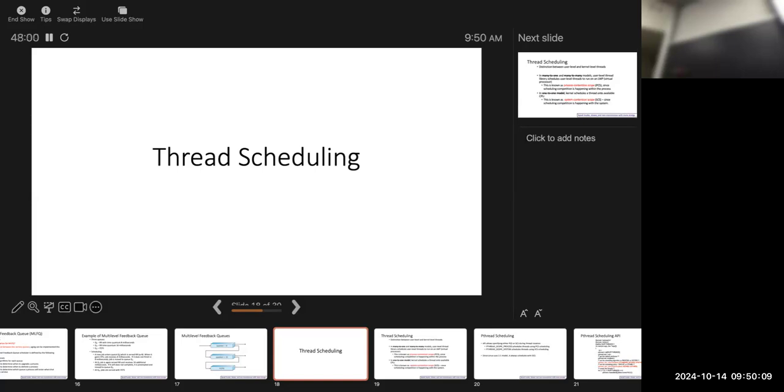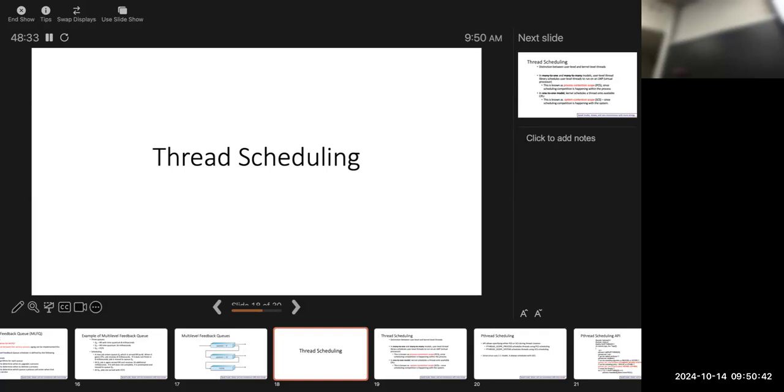If thread 1 wants to get the chance to run on the core, since the scheduling is done by the kernel at the level of the kernel level thread, this T1 will compete with all other threads of the same process, right? And if you have another process B, again I'm doing the same thing, you have 4 user level threads mapped to 1 kernel level thread. Sorry for this drawing.